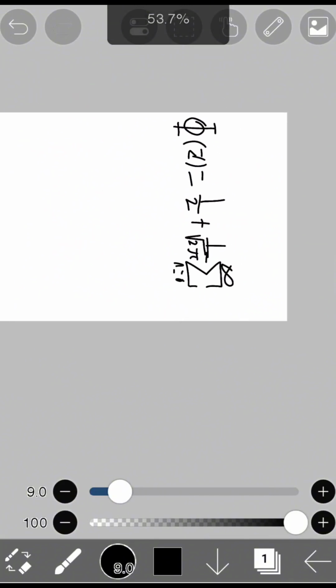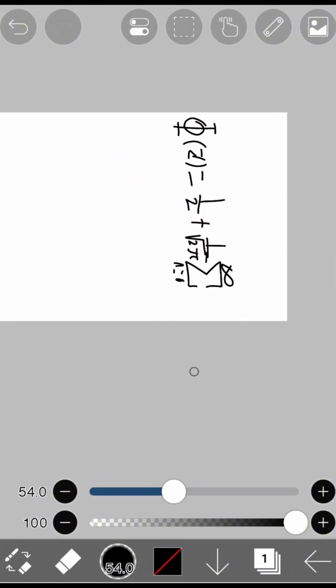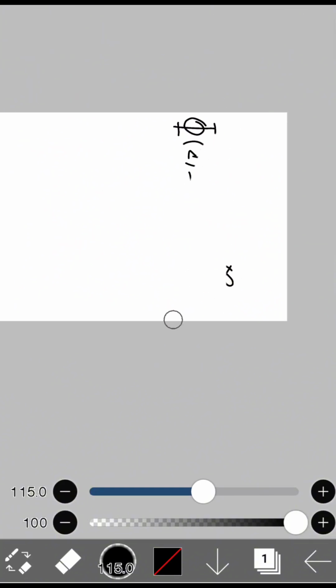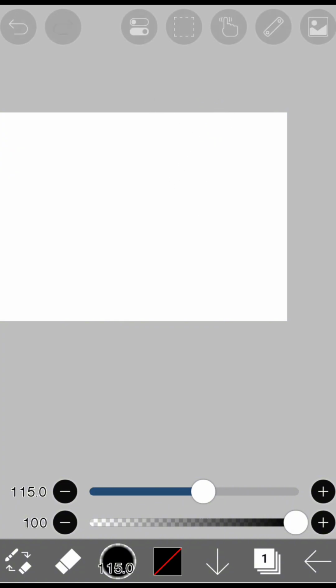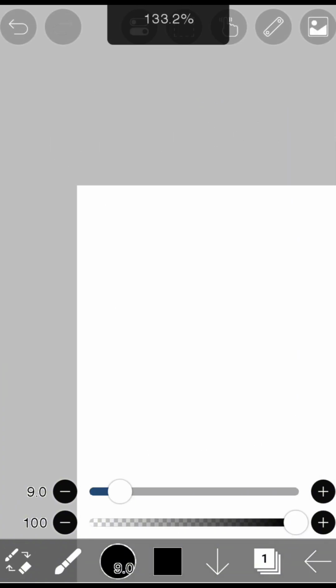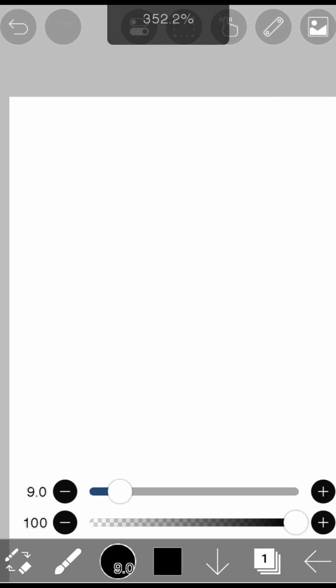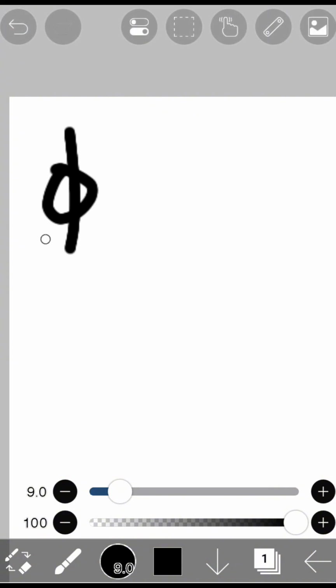Actually, let's go ahead and flip the paper, flip our platform. So all you need is this one elegant formula.